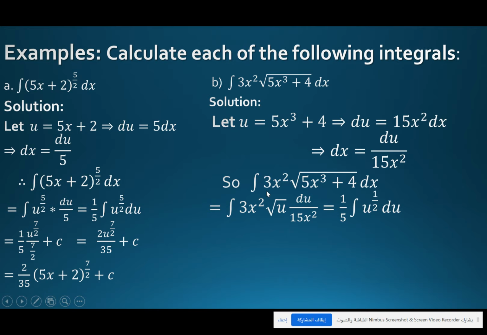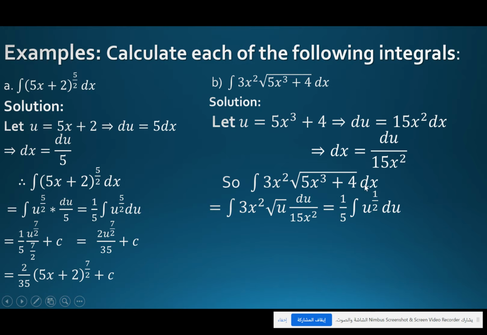Integration: you have 3x squared times the square root of 5x cubed plus 4, dx. Keep 3x squared as it is. You just consider what is inside the root as u. And you make dx the subject in terms of u from the previous step.